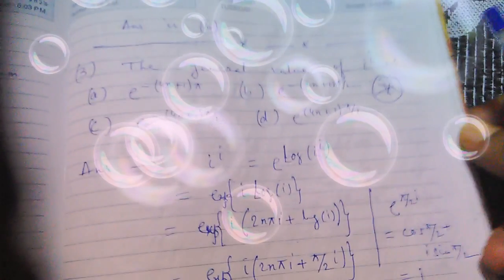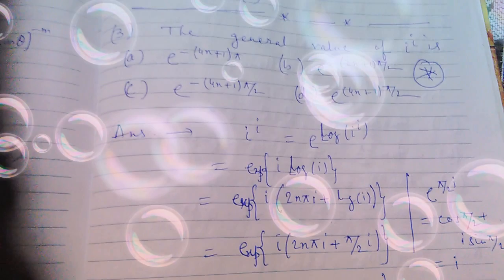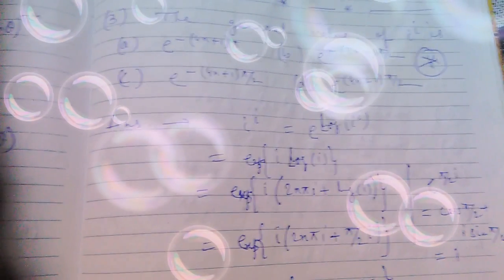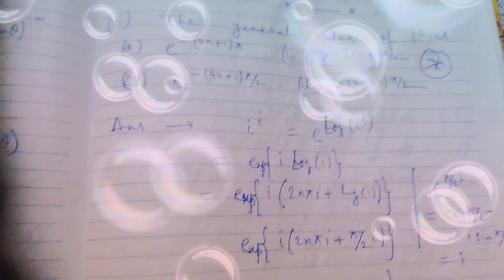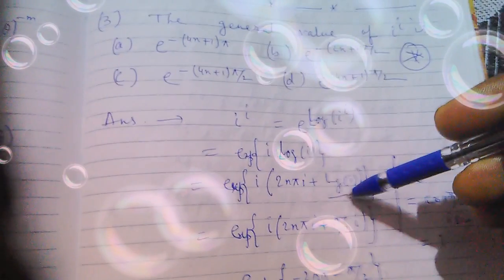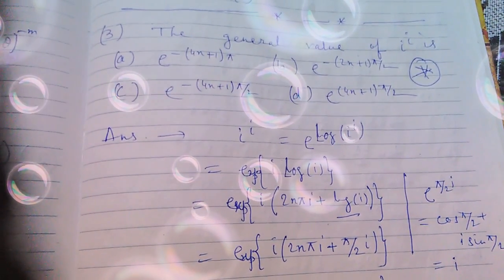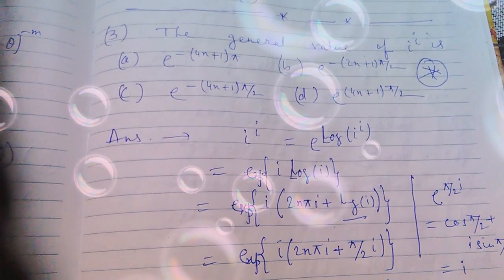So i to the power i is equal to, we can take exponential and logarithm at the same time. We know the rule of logarithm and exponential. It will be e to the power of the logarithm of the complex number, and this is the principal value of the logarithm. So we will take the complex logarithm, capital L, log of i to the power i.